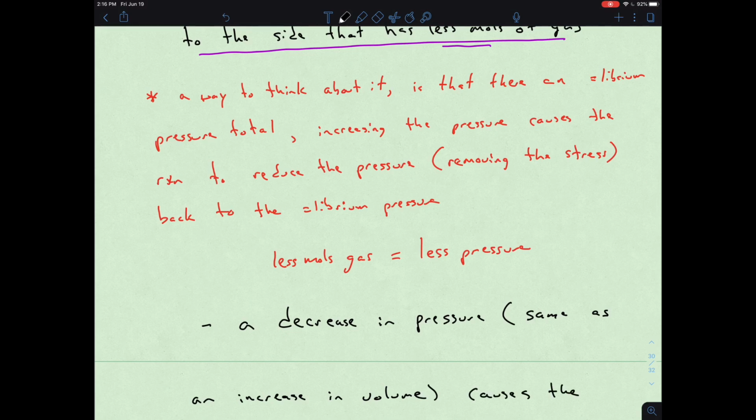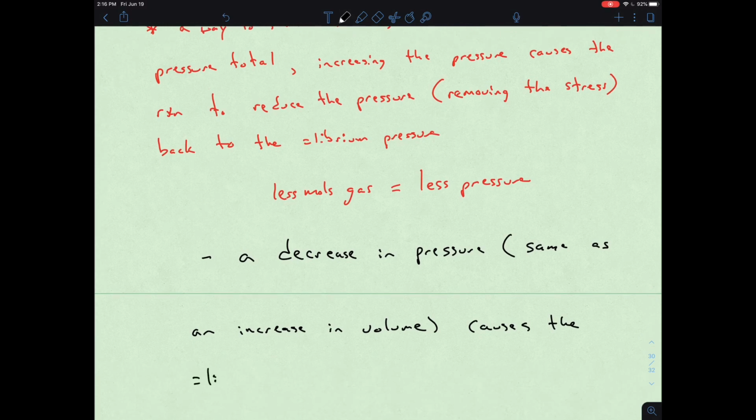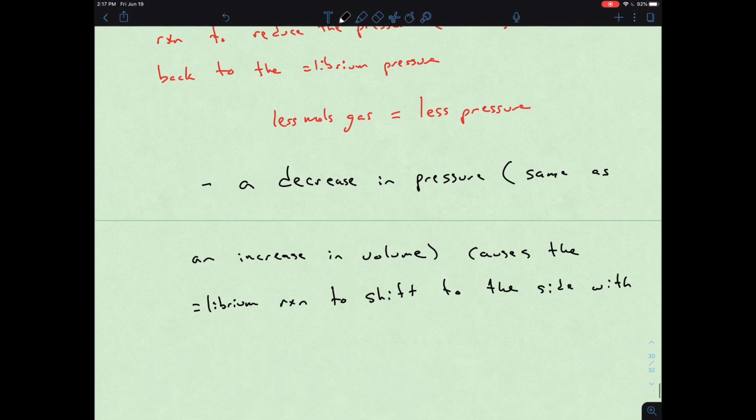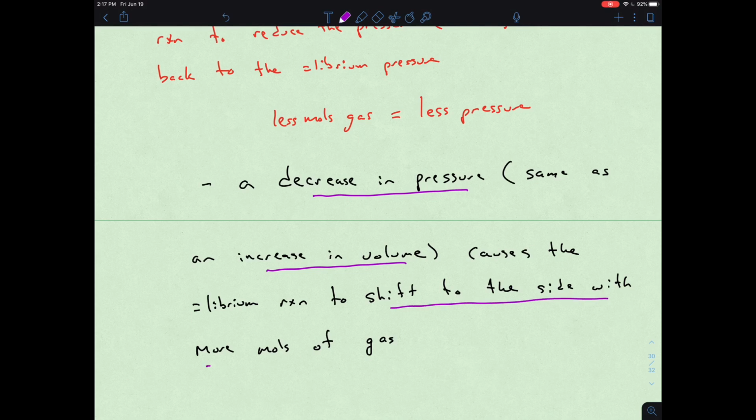That causes the equilibrium reaction to shift to the side with now more moles of gas. And so we have the flip side of that coin, where we have a decrease in pressure or increase in volume.